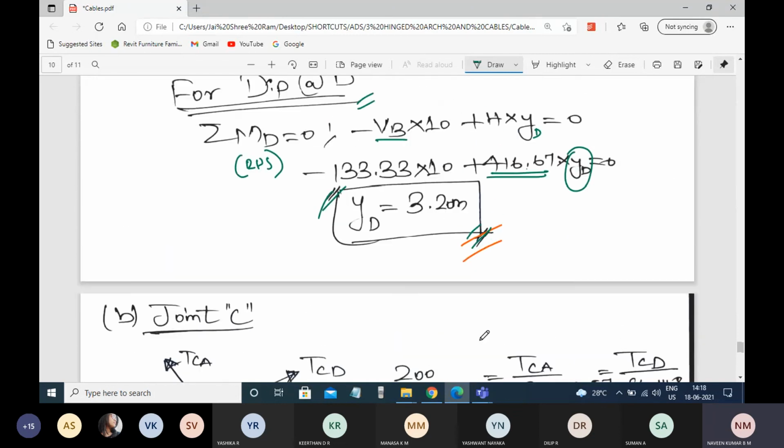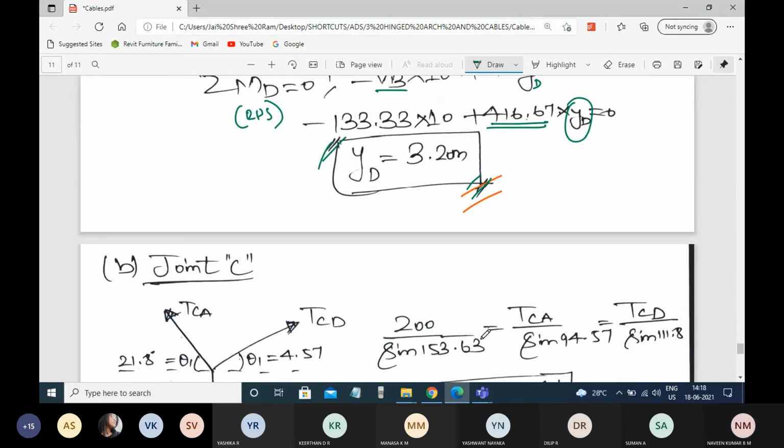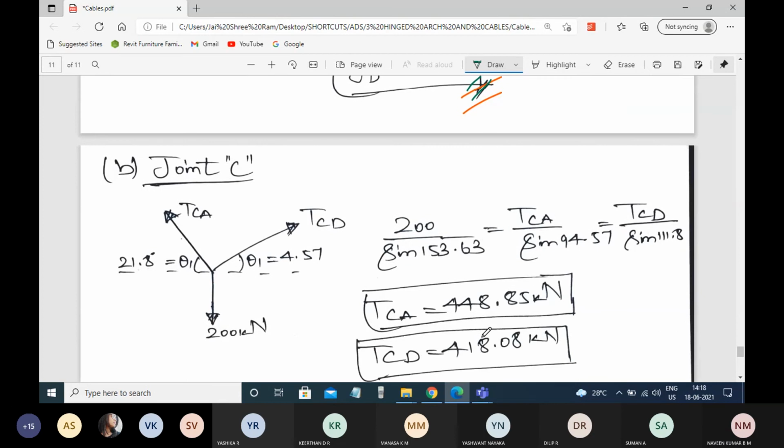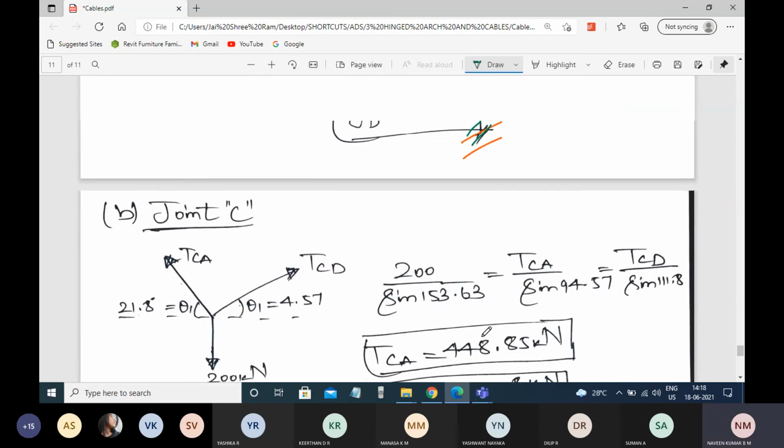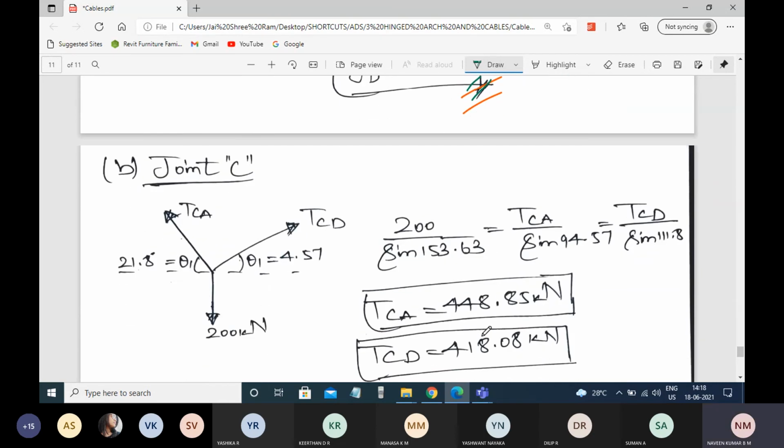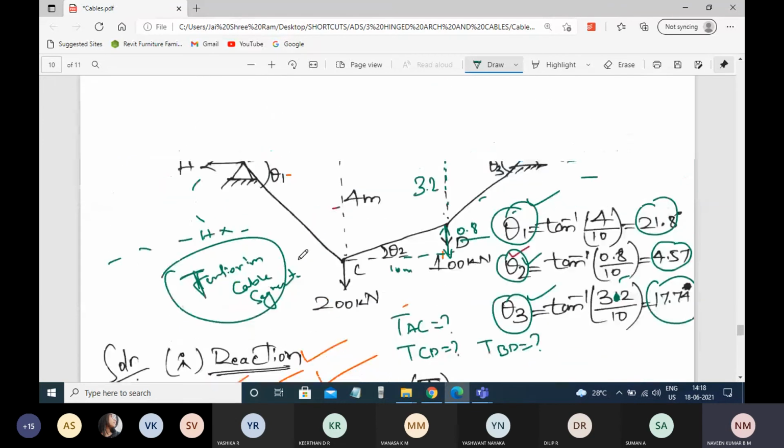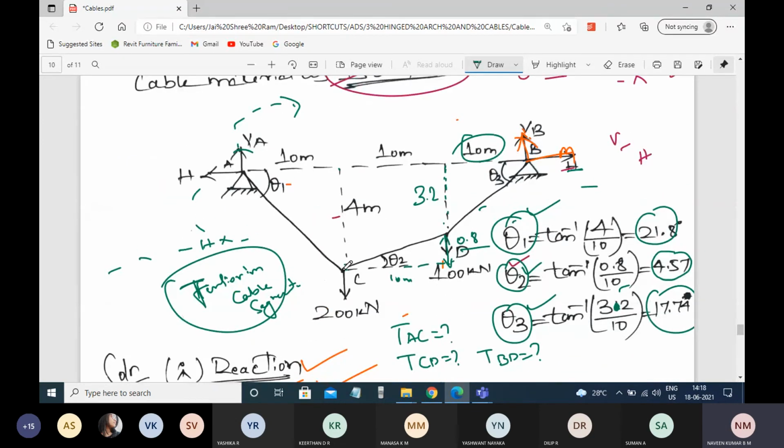Now consider joint C. What forces are acting at joint C? One is the force in the cable AC segment, that is TAC.